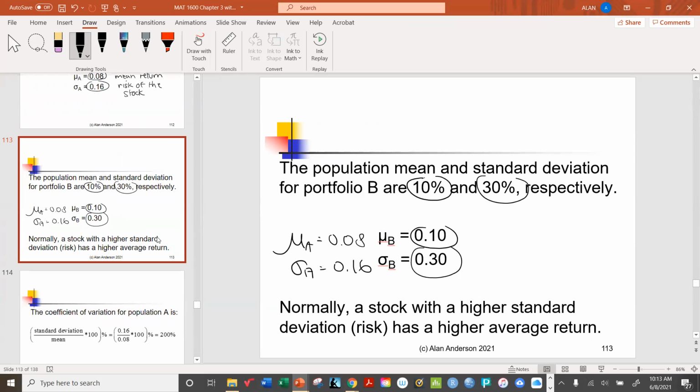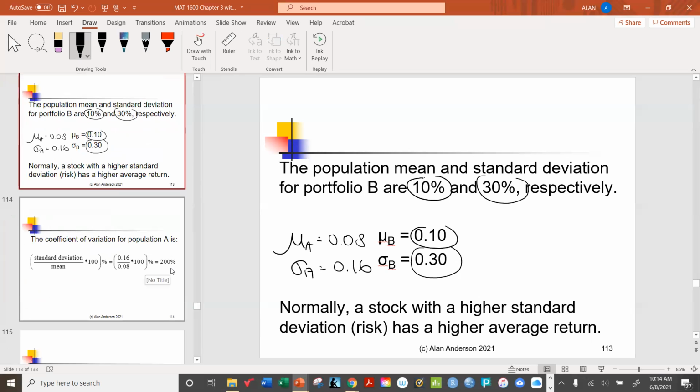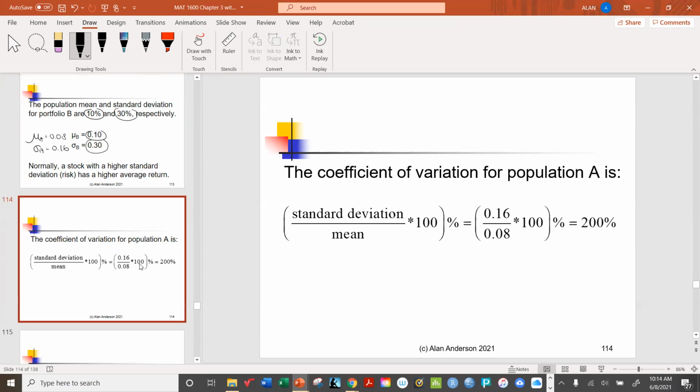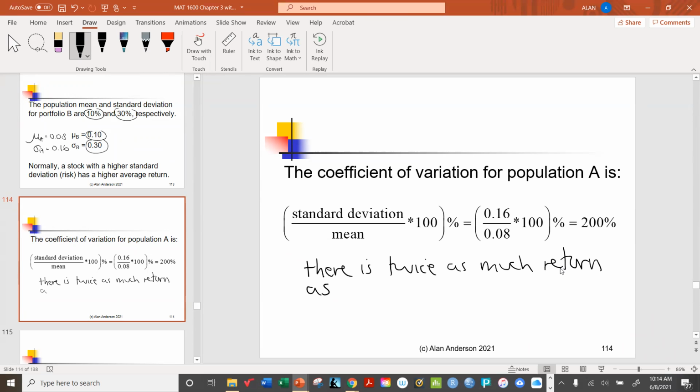So let's calculate the coefficient of variation for the two portfolios. Now remember, it's simply the standard deviation over the mean times 100. So for A, that translates into 200%, which basically means there's twice as much risk as return with the stock. Okay, now is that a lot?